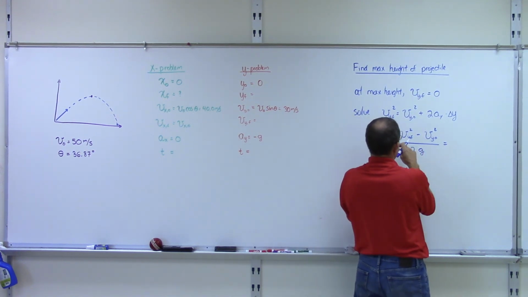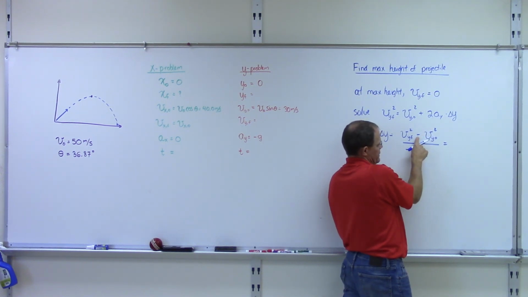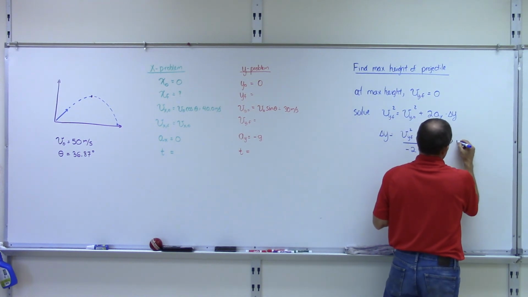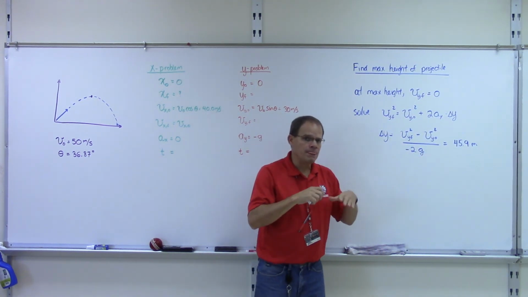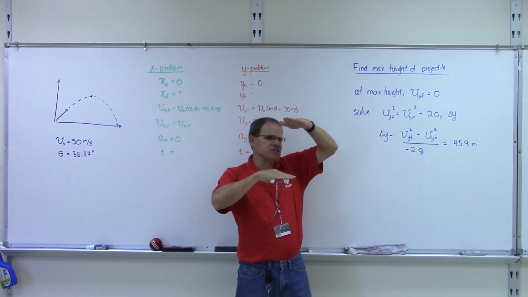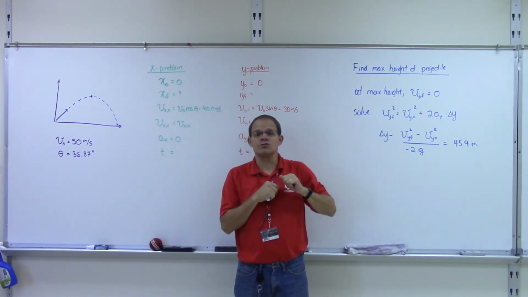And when I plug all that in, this is 0 squared, this is 30 squared, and it's going to be negative 30 squared, and the negatives are going to cancel, and you're going to get a positive answer, and it's 45.9 meters. Which tells us that for this problem, the maximum distance the ball went up was 45.9 meters from where it started.